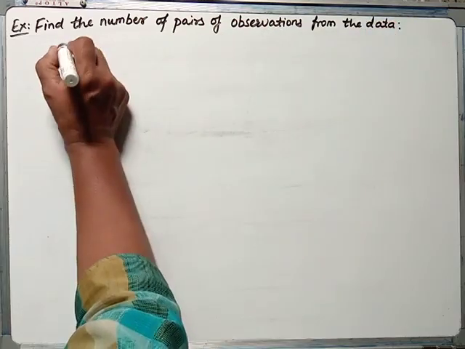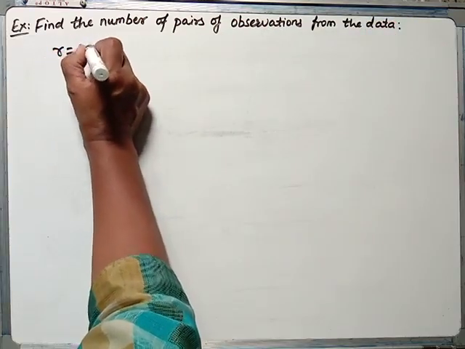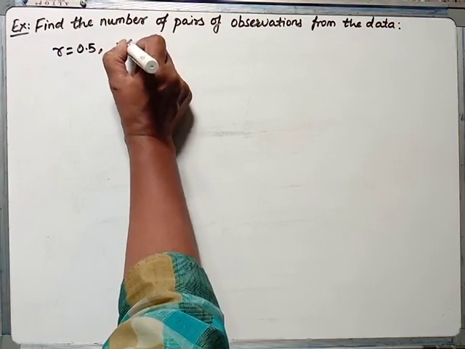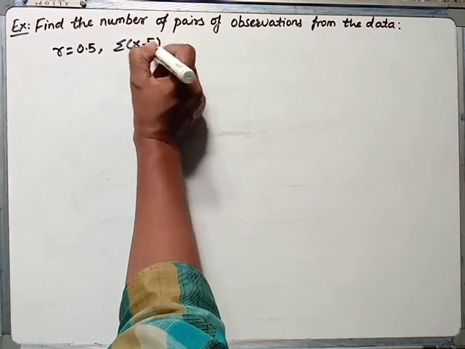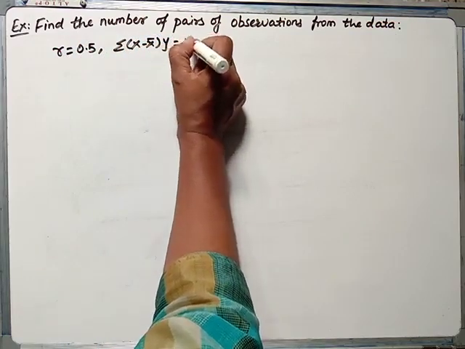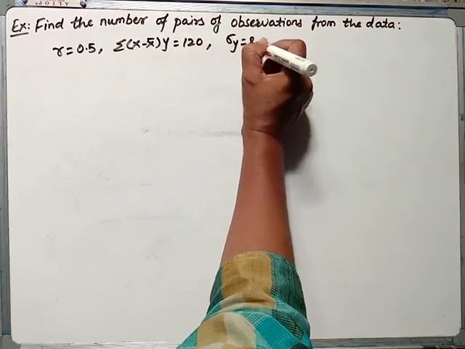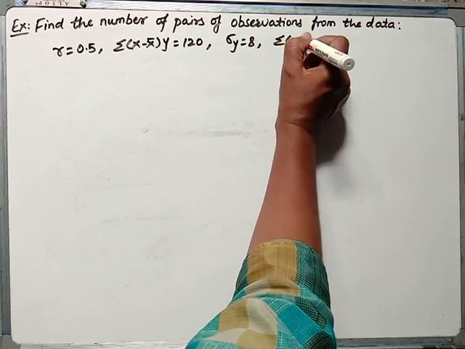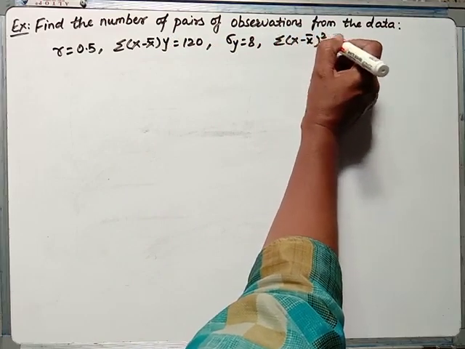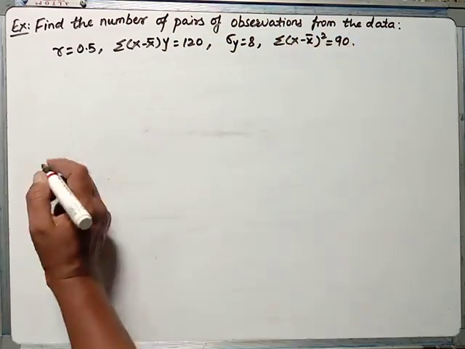What was the data given to us? R is 0.5, summation of (x minus x bar) into y is 120, sigma y is 8, and summation of (x minus x bar) square is 90. This is given to us.